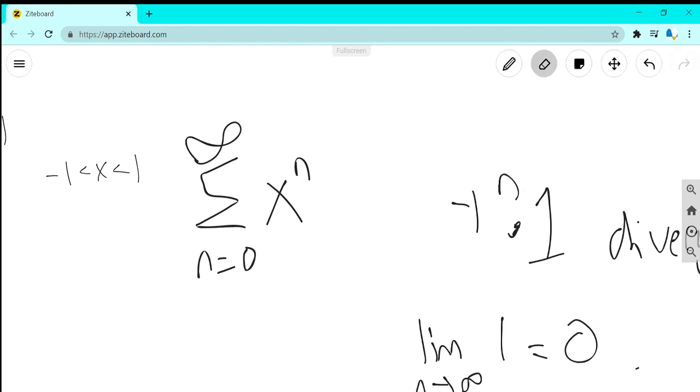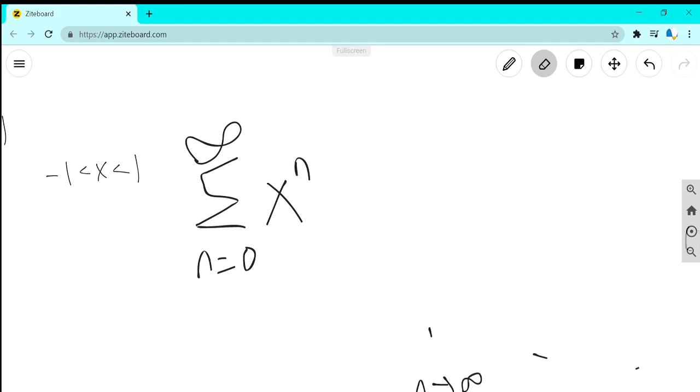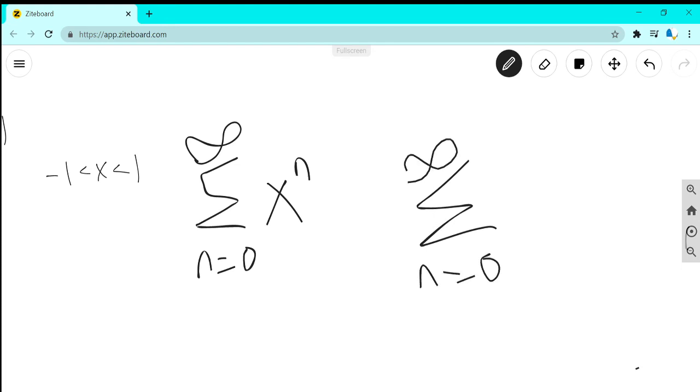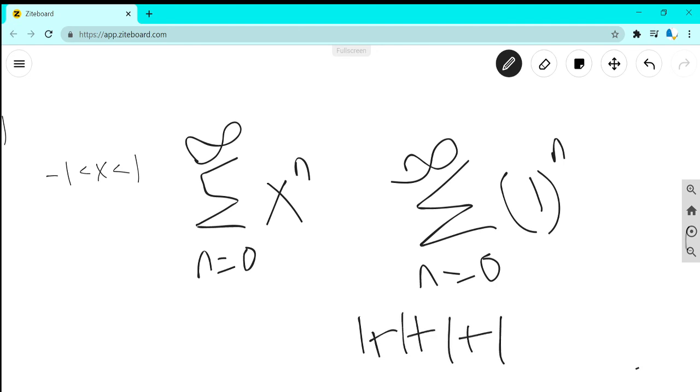Let's try the second endpoint. The sum from n equals 0 to infinity of 1 to the n, since it's x to the n. Of course this diverges, because it's always going to be 1, so it's just multiple 1s being added up in a summation. If you have infinite 1s, it's 1 times infinity, which is basically infinite.